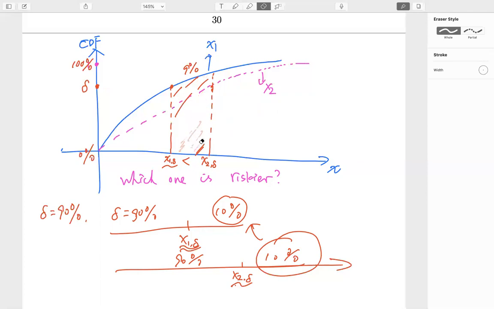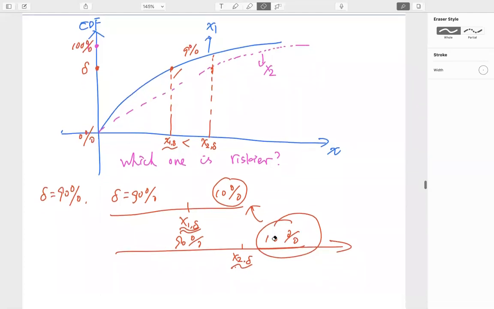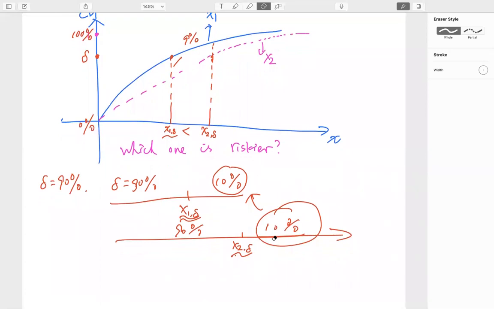But anyway, from this comparison, we easily see one thing, that is, for X2, you have much, much bigger losses on the right-hand side, right? So that's why X2 is riskier than X1, although this line is actually sitting below. The one sitting below is those that are more dangerous, okay? Why? That is because the higher one, the blue line, has more probability close to 0, right?